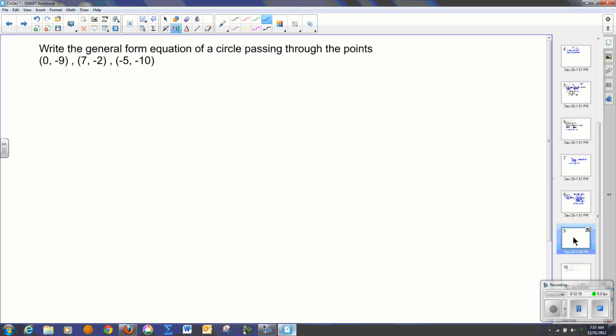Next problem is a little more difficult. I've got 3 points, and I need to write the general form of the equation of a circle passing through those points. So let's write that general form: x squared plus y squared plus dx plus ey plus f equals 0. I have no idea what d, e, and f are, and I need to know those in order to write this equation.